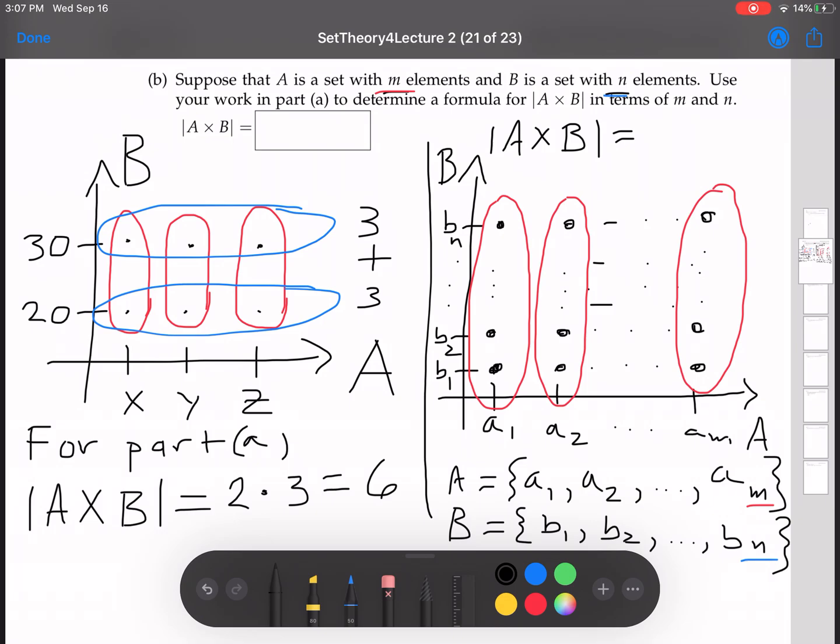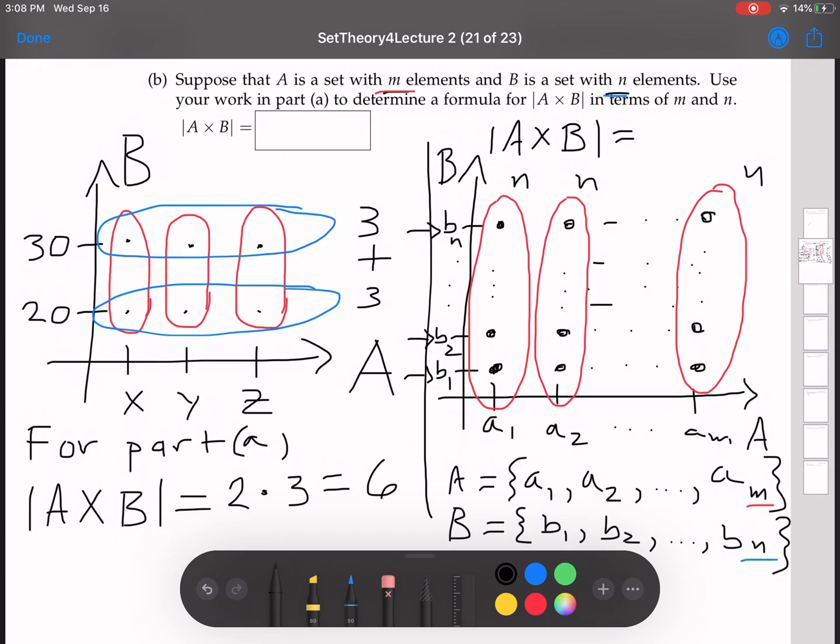All right, so for each A1, how many of these points do you have? There's n of these, n of these, n of these, because we can count them. 1, 2, dot, dot, dot, n. So we counted n of these.